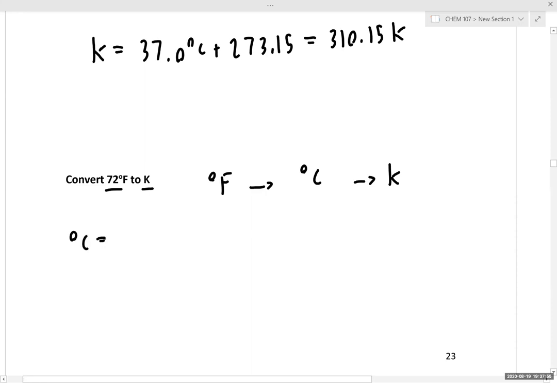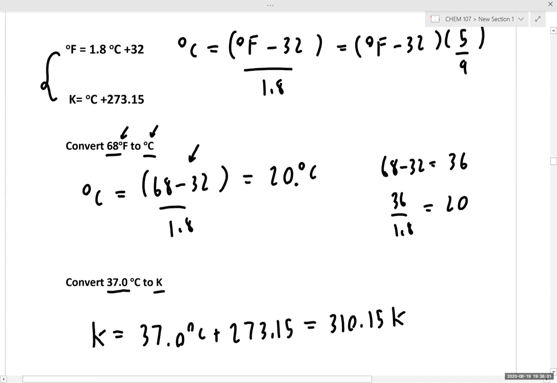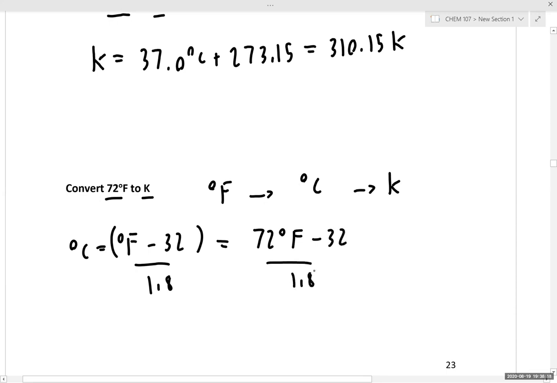So Celsius is equal to degrees Fahrenheit minus 32 over 1.8. Okay, so plugging in, we have 72 degrees Fahrenheit minus 32 over 1.8.